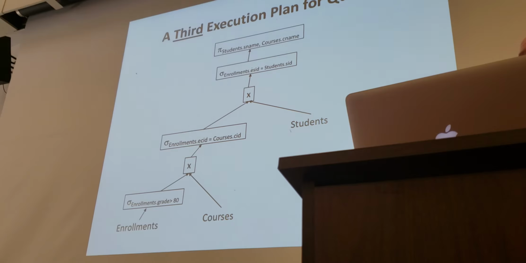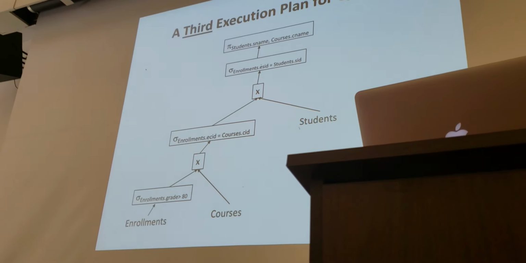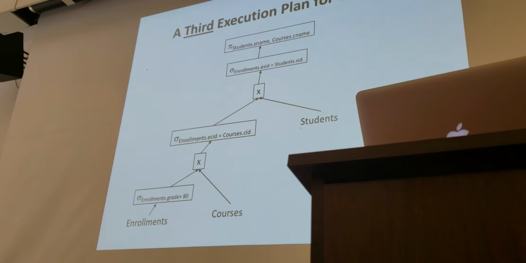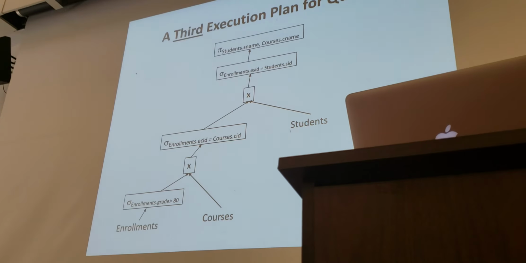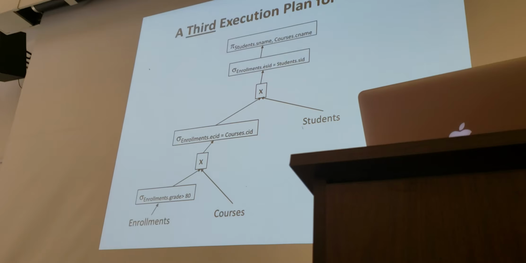I can push that predicate down further, closer to enrollments. I only want to be bothering with the enrollments where the grade was greater than 80. And then what I can do is look at the product with courses, but I only want the ones where the enrollment's CID is equal to the course's CID. And now I'm dealing with the product with students, and I only want the things where the SIDs match, and then at the end, I take the product to see my result.